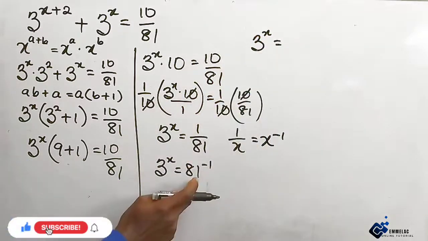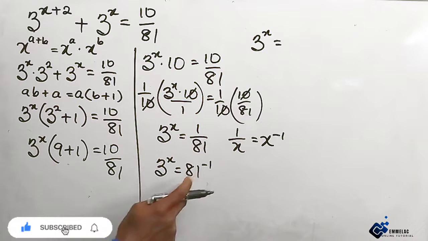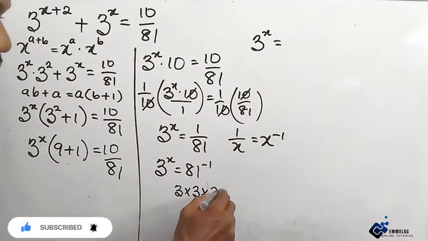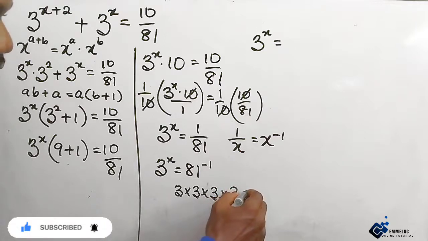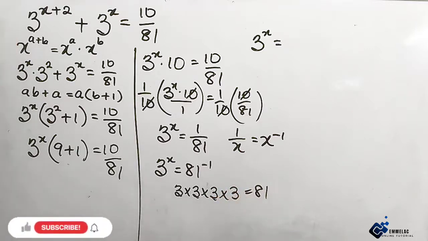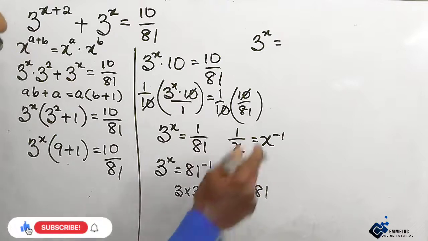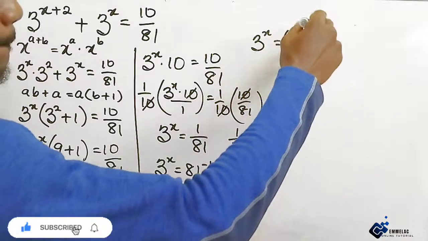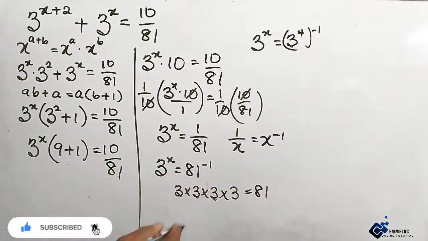Now if I were to convert 81 to a base of 3, we know that 3 times 3 times 3 times 3 gives us 81, that is 1, 2, 3, 4. So you can now say this is 3 all raised to the power of 4, all raised to the power of minus 1.